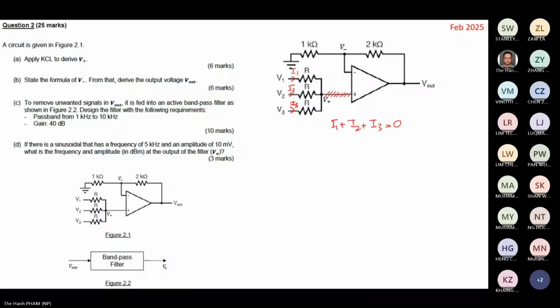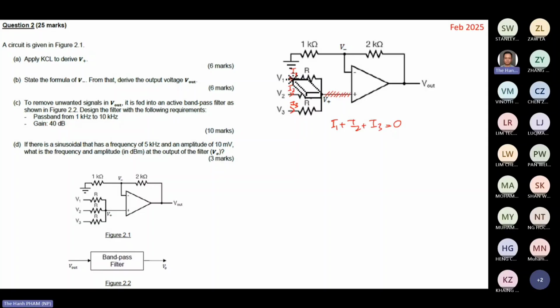Yes, sir. Okay. So the three currents are all entering the V plus, so the sum of the three must be 0. But what is I1? Can anyone tell me what is I1? Ohm's law.